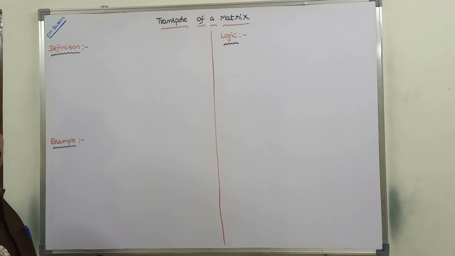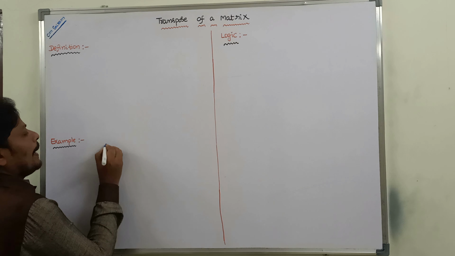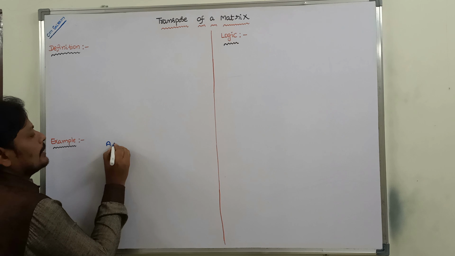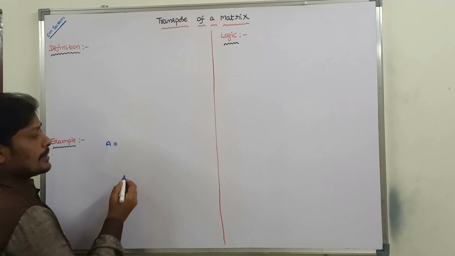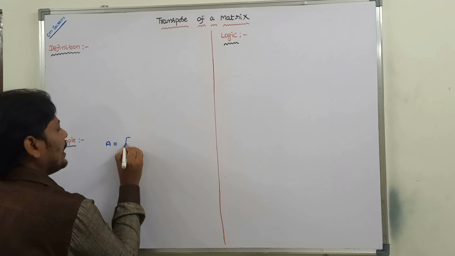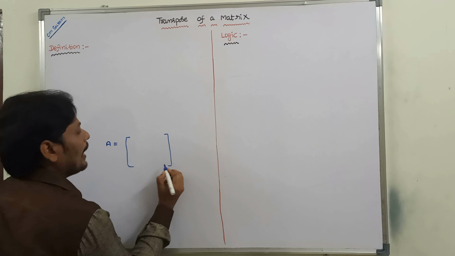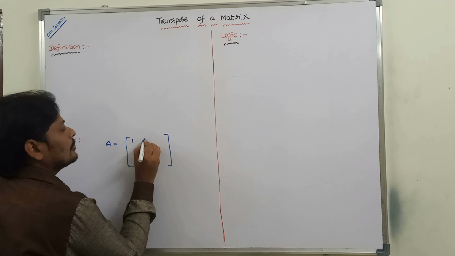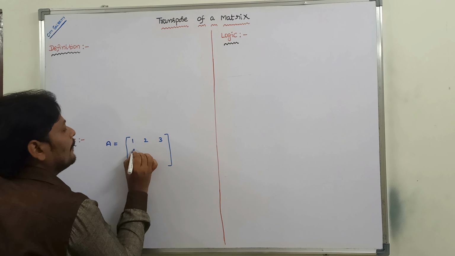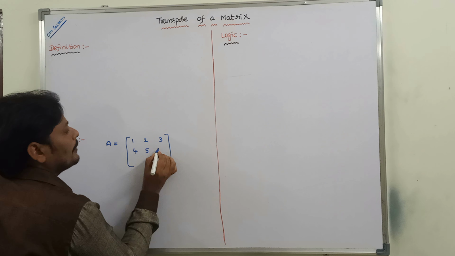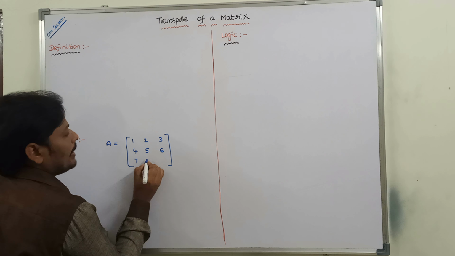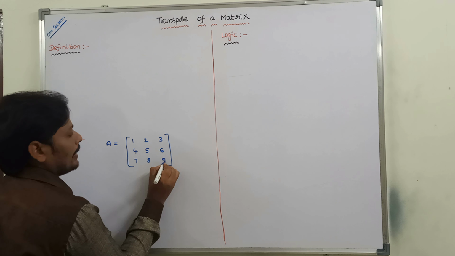First of all, let us consider capital A is a 3 by 3 matrix and it is also a square matrix. It contains the elements 1, 2, 3, 4, 5, 6, 7, 8, 9.